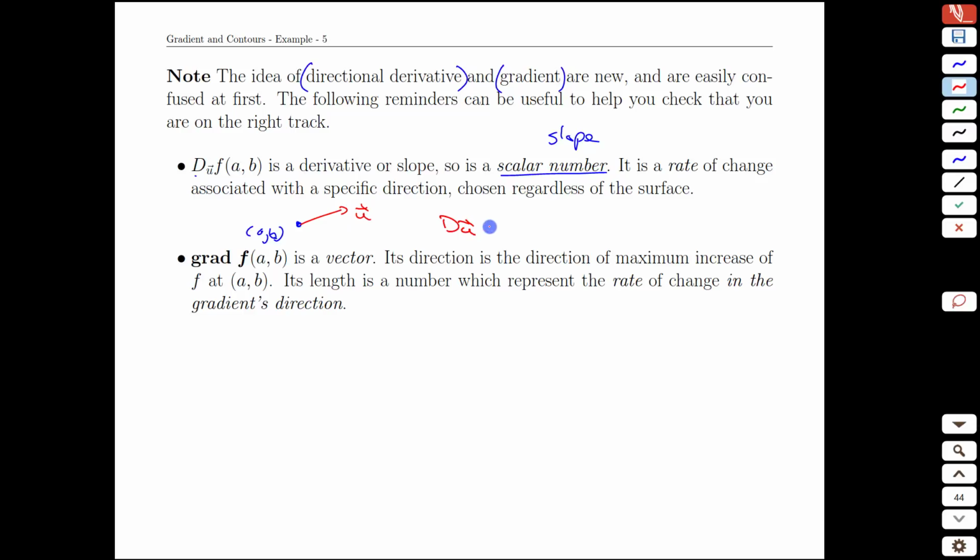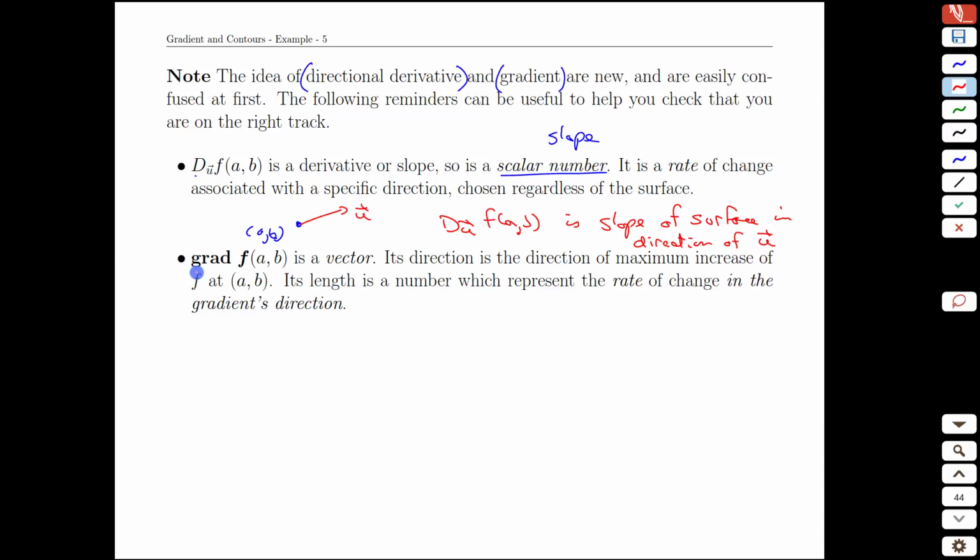This D_u f(a, b) is the slope of the surface in the direction of u. So if we say the slope is 5, that makes sense. If we say the slope is a vector (2, 7), that would be very strange, very weird, and wouldn't make grammatical or physical sense. So keep in mind that at the end of the day, the slope should be a number.